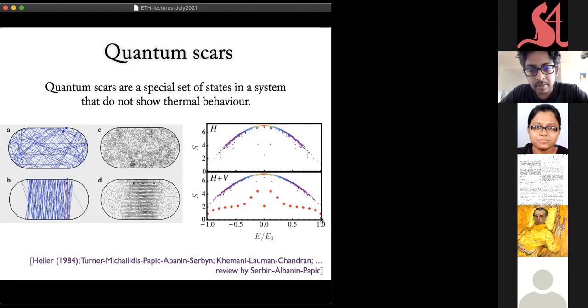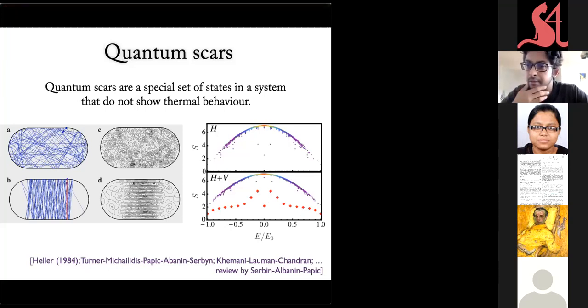But I think the entanglement entropy of this scarred state is even lower than the ground state entanglement. And for the others, it lies somewhere in between. At least for this system, this is what happens. You can probably find other examples where all these scars have area-law-like entanglement.